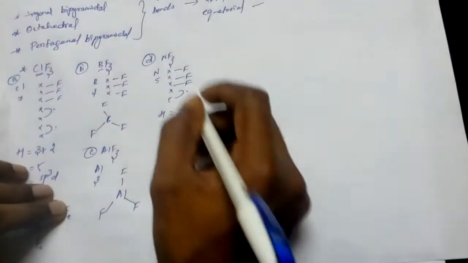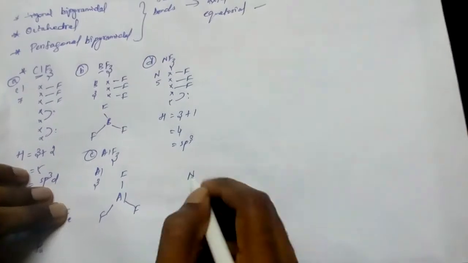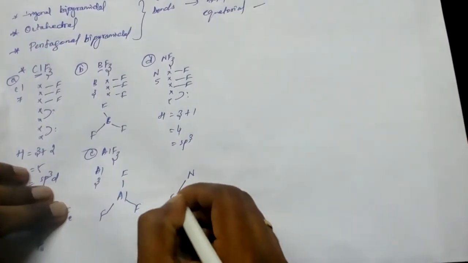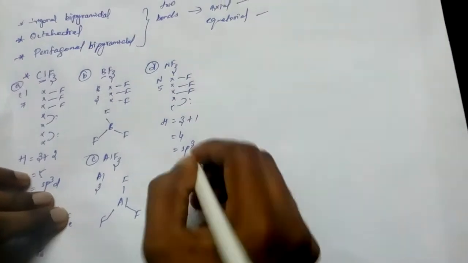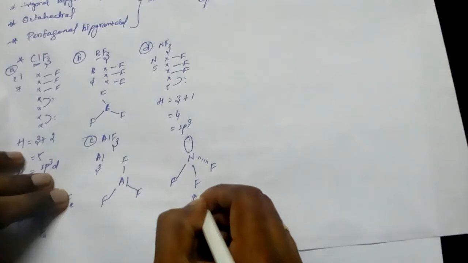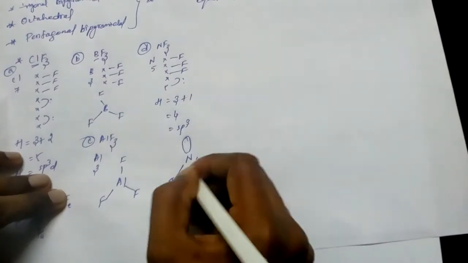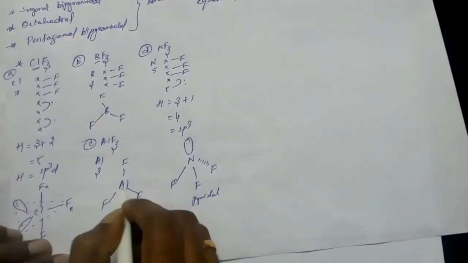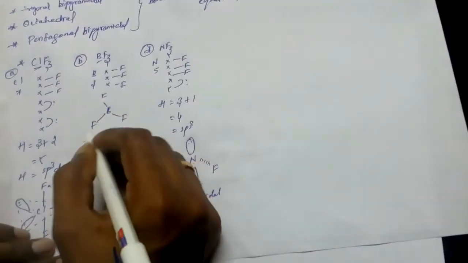But because one lone pair is there, the shape is different, a pyramidal shape. But all three nitrogen fluorine bonds are the same. Here all aluminum fluorine bonds are the same, and all boron fluorine bonds are the same. So option A is the right option.